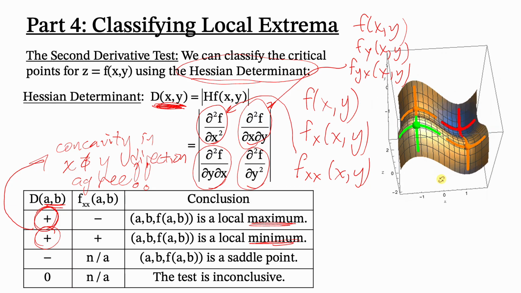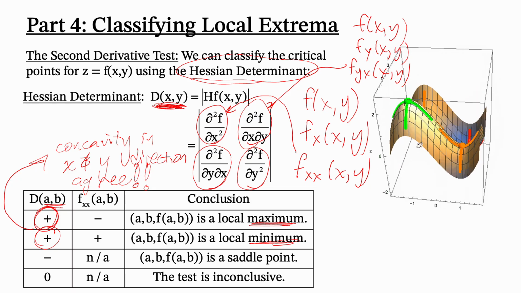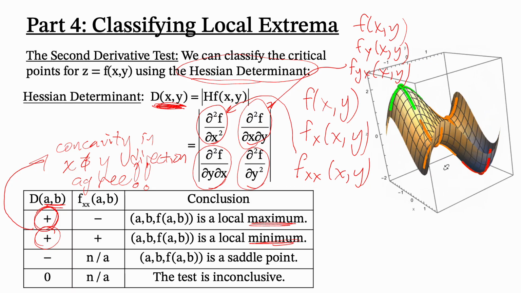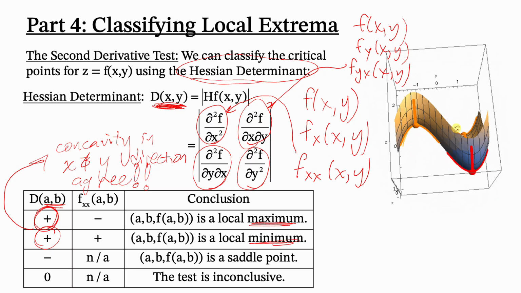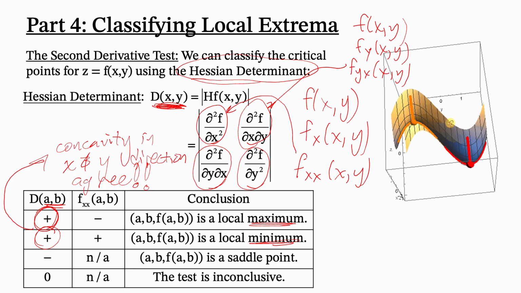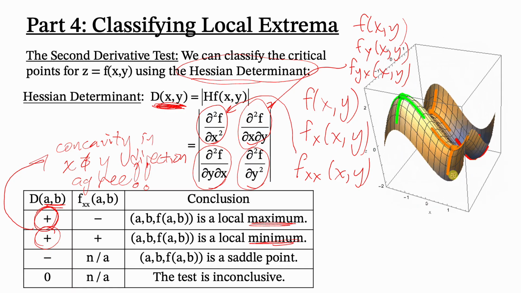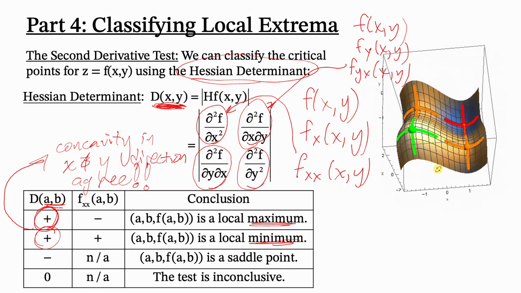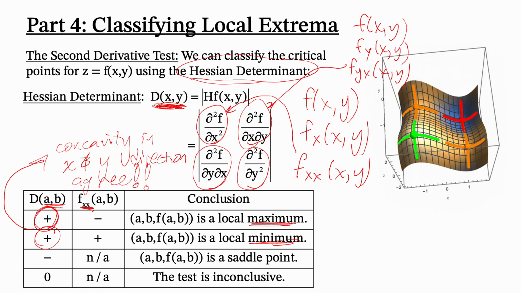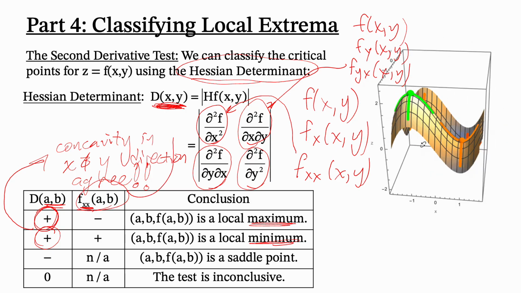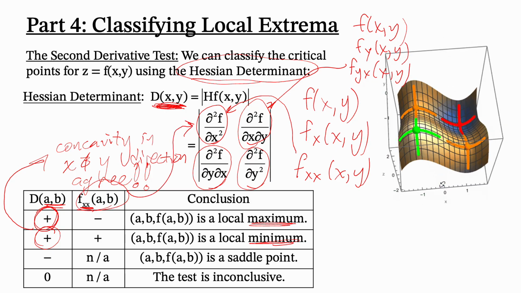Now, if you wanted to figure out which one it was, is it a maximum or is it a minimum? All you need to do is pick a slice, a second derivative in one direction, and because we have agreement, that'll determine all directions. So what we do is we look at the second derivative with respect to x, which happens to be this entry from the matrix.